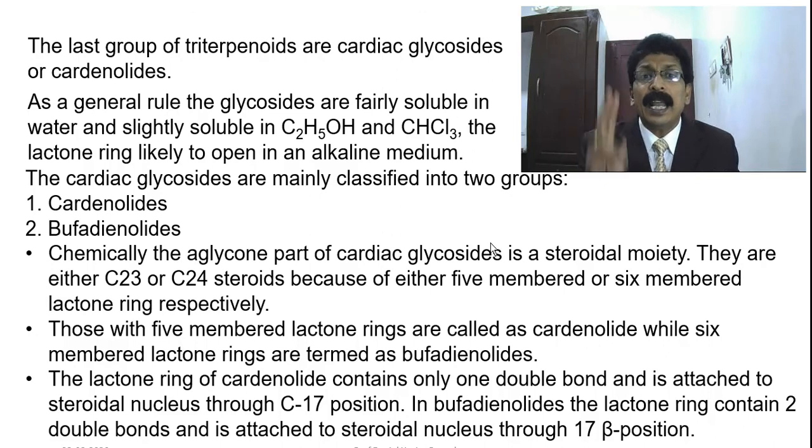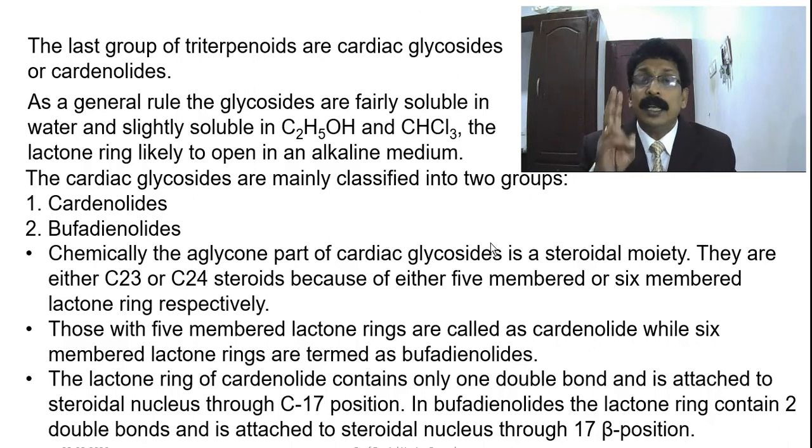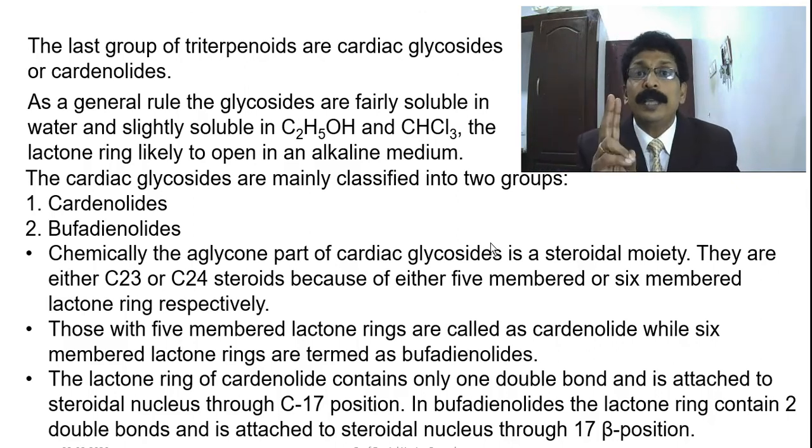Chemically, the aglycone part of cardiac glycosides is a steroidal moiety. They are either C23 or C24 steroids. So it is short, it is not C27 like cholesterol, it is short. Understand? C23 or C24. C23 means 5-membered lactone ring.